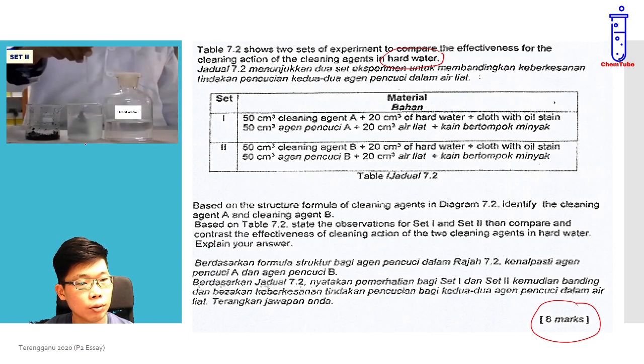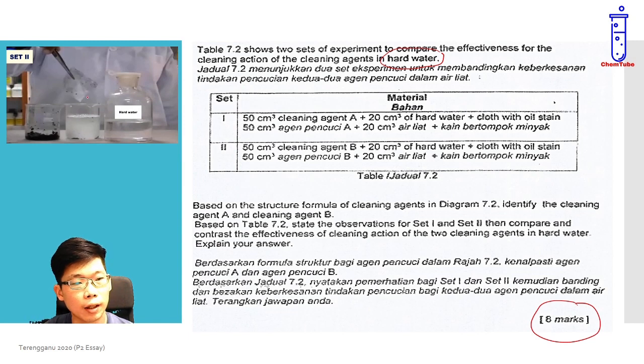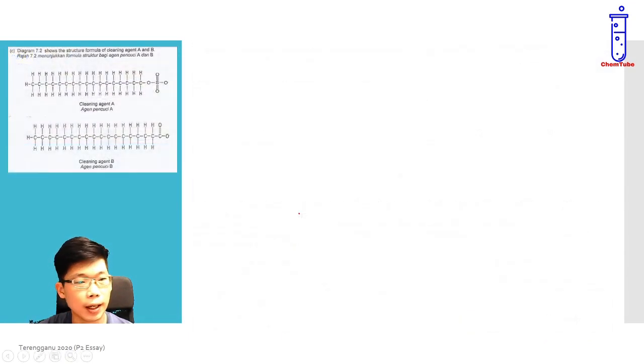Then set 2: it's still not clean. Not clean. So based on the observation here, we can try to explain the answer. Here I give you the cleaning agents A and B. So this is the detergent.